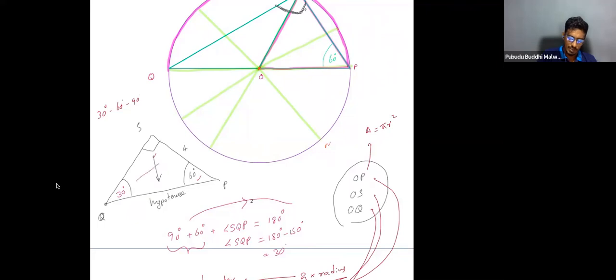Here 4 is the opposite side of 30 degrees. So now we are working with opposite and hypotenuse because we want to compute the hypotenuse. So we can use sine 30 actually. I'll explain that. And also you can use the 30, 60, 90 concept as well.